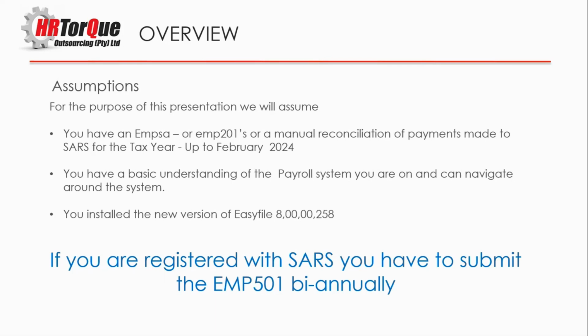We assume that you have a basic understanding of your payroll system and that you're able to navigate around your system. So today you'll see a lot of different payroll systems. If you're a SCBPP client, you can comfortably ignore the stuff on Sage 300 and Payspace and Psiber for argument's sake. And you have installed the new version of Easyfile. So on the version numbers, you should be on version 8 point lots of zeros 258.